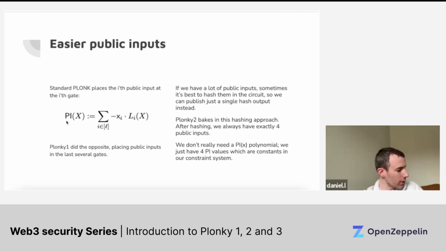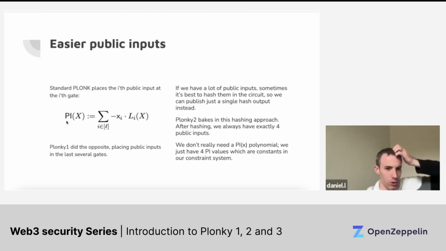Yeah, it's a good question. I wouldn't say it's strictly better or anything like that. For example, if we only have 2 or 3 public inputs, then hashing them and ending up with 4 public inputs is definitely not preferred. But we do it anyway, just to use the same approach everywhere.